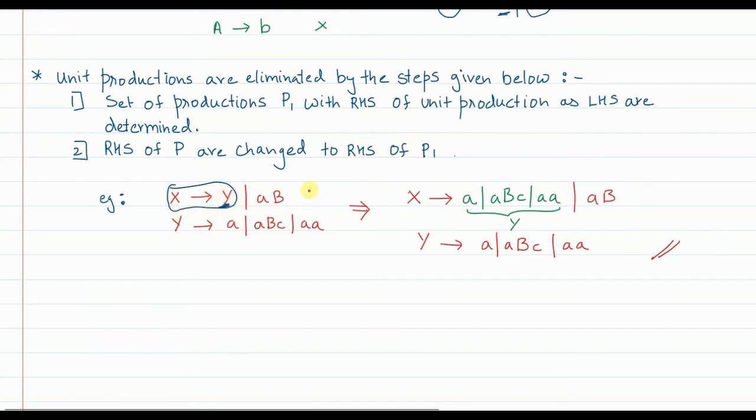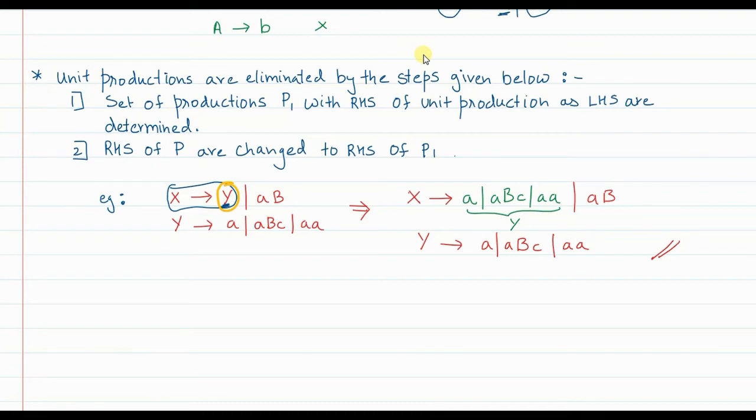Now you have to find out what is the non-terminal that is creating a problem. In this case there is a single Y over here, and it is this Y that is creating a problem. If this single non-terminal Y was not there, there would not have been any unit production.